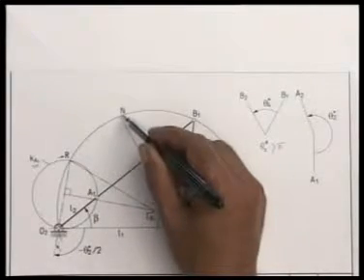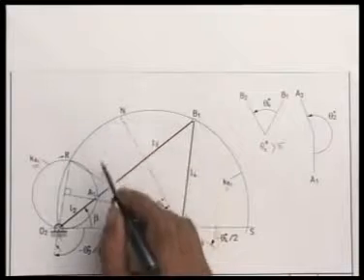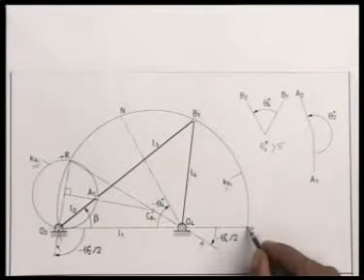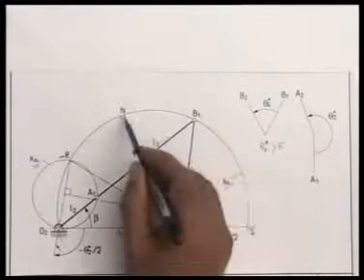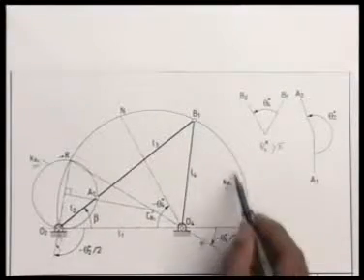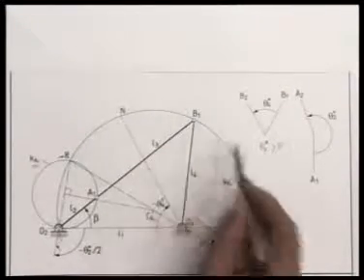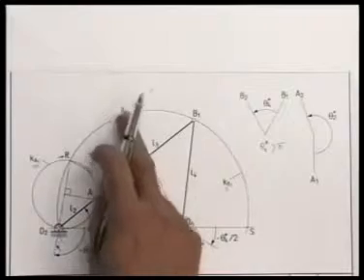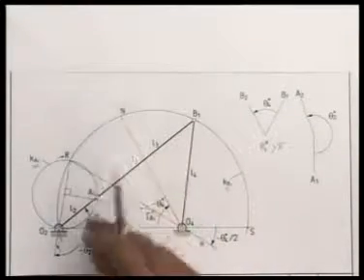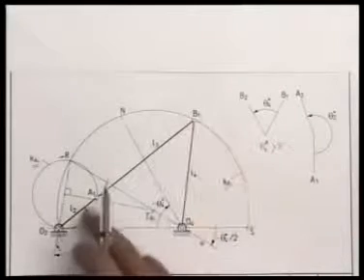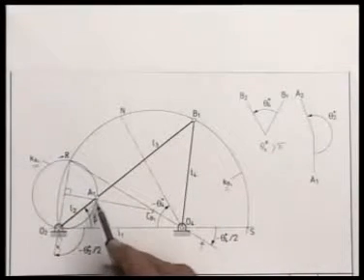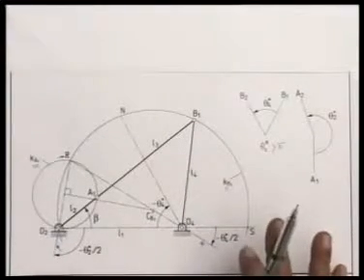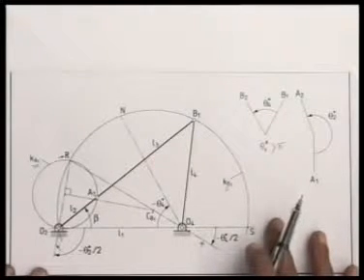This line O4N intersects KB1 at N, and KB1 intersects the line O2 O4, when extended, at this point S. Then B1 can be chosen anywhere on this circular arc from N to S on KB1, but not on this side, to the right of N and above S. If I join O2 with B1, that line intersects the previous circle KA1 at the point A1. Then O2, A1, B1, O4 gives me the desired 4R crank rocker linkage at its outer configuration.